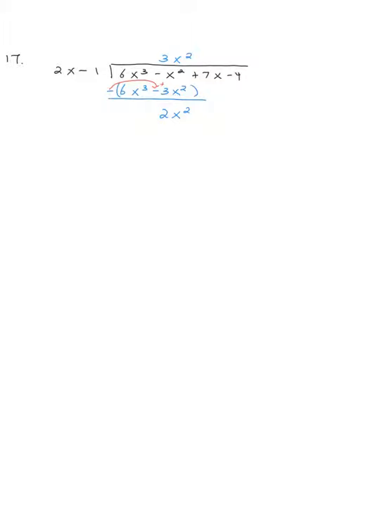So keeping that in mind, I'll bring down the positive 7x. Canceling a 2x squared means I have to multiply by x. I get 2x squared minus x. And okay, again, here I have a minus, so 7 really plus x is 8x, and I'll bring down the minus 4.